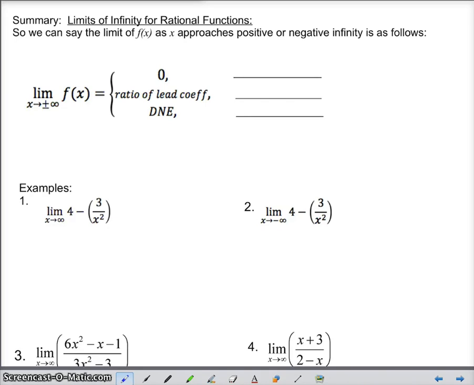We learned that if the function was bottom heavy, then our horizontal asymptote was 0. We learned if our degrees were the same, then our horizontal asymptote was the ratio of the leading coefficients. And then we learned there was no horizontal asymptote if the function was top heavy.